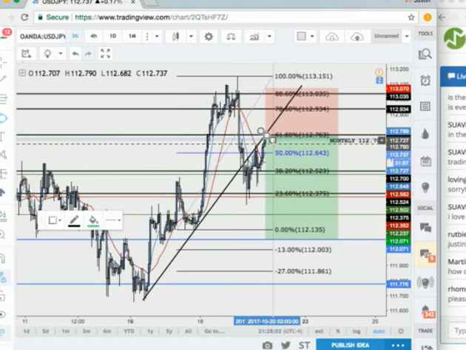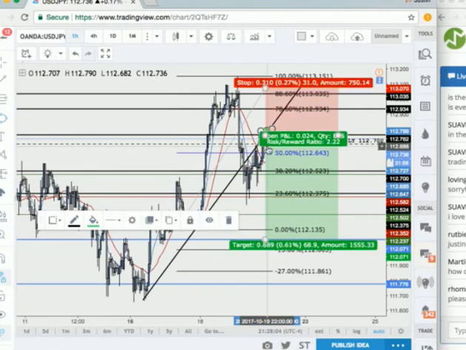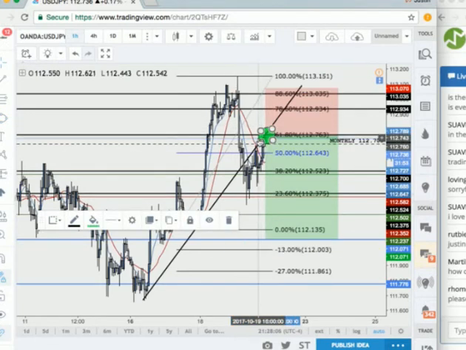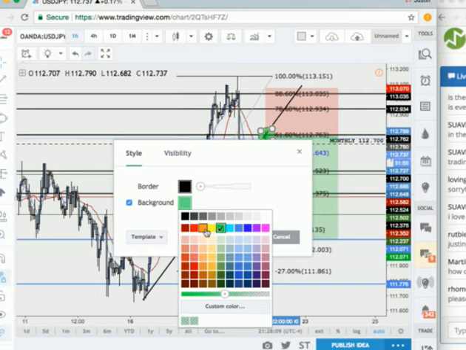Confirmations on confirmations. What color do I want? Yellow? Yeah, the yellow.